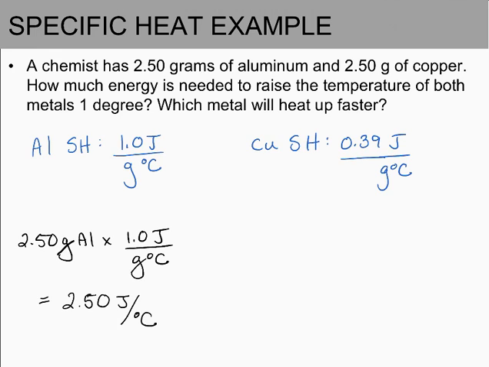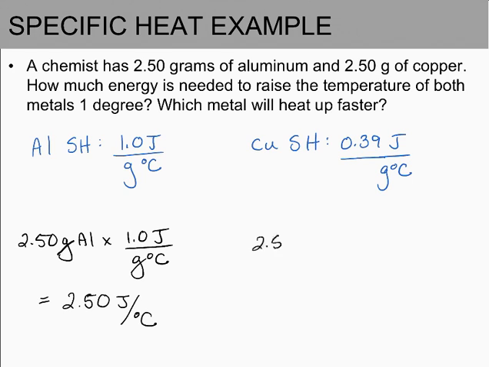So grams will cancel. And that tells us that for every degree Celsius of an increase in temperature, we need 2.5 joules of energy, for aluminum at least. But let's do the same thing for copper.